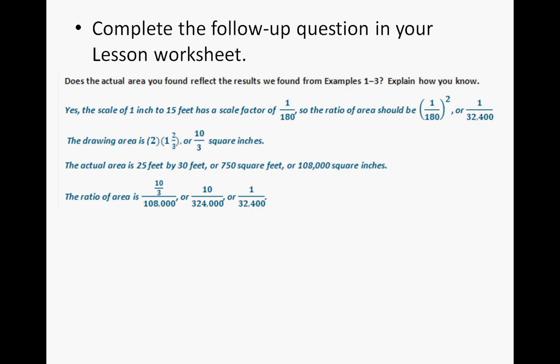So if the drawing area is 2 times 1 2/3 inches, or 10/3 square inches, and the actual area is 25 feet by 30 feet, or 750 square feet, or if we convert that to inches, 108,000 square inches, then we take the ratio 10/3 over 108,000, which converts to 10 over 324,000, or 1 to 32,400. So you can see the relationship between the actual area and the scale factor.